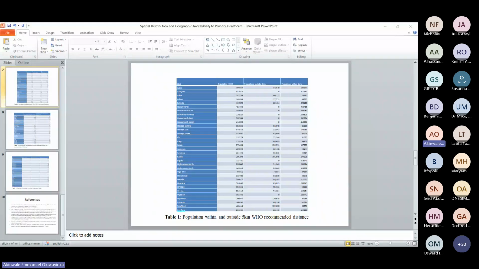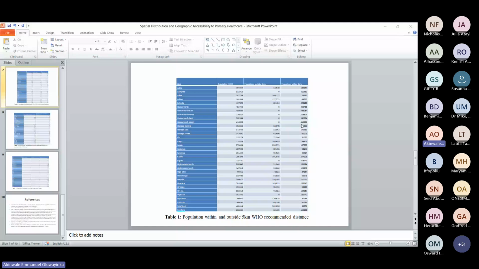And these are the populations within the 5 kilometer distance, that will be able to access primary healthcare. This means this population falls within the WHO recommended distance.